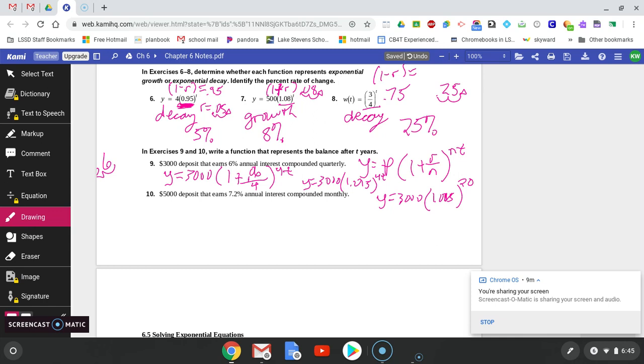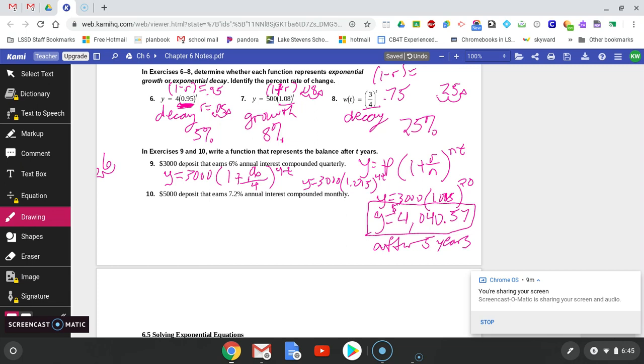If I plug that into my calculator, I do 1.015 raised to the 20th power, and then I do that times 3,000, and I get that the amount in my account would be $4,040.57. Notice I rounded it to 2 numbers after the decimal because it's talking about money. You can't have 3 numbers after the decimal if you're talking about money. So always round appropriately for that problem. So that would be after 5 years.